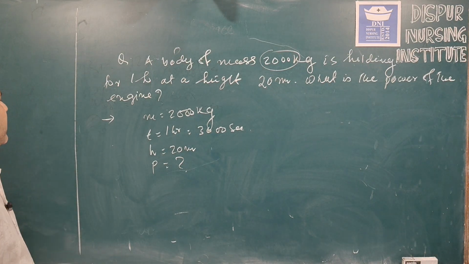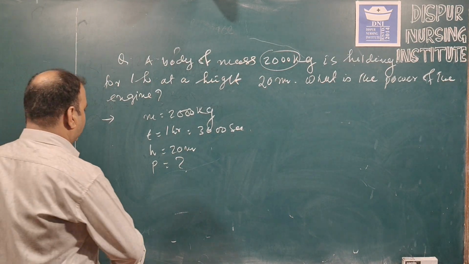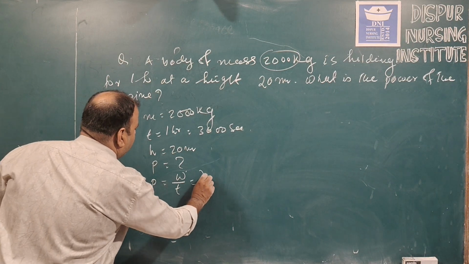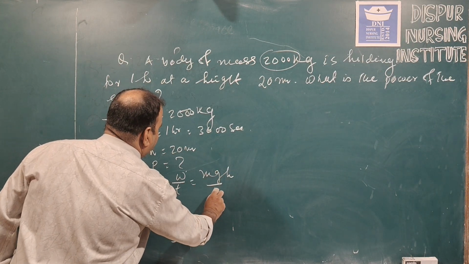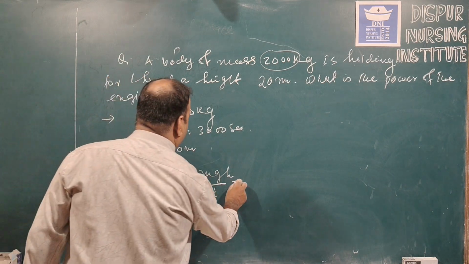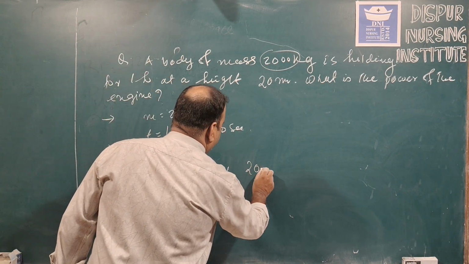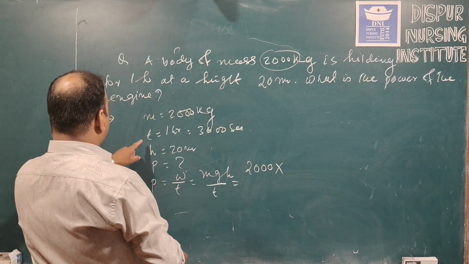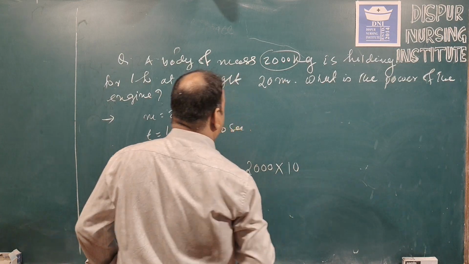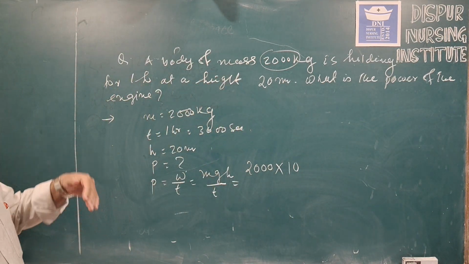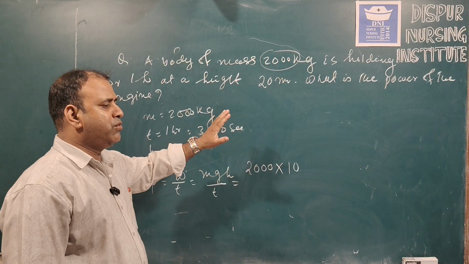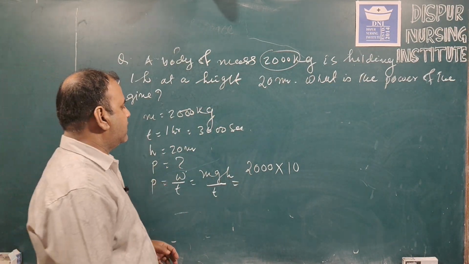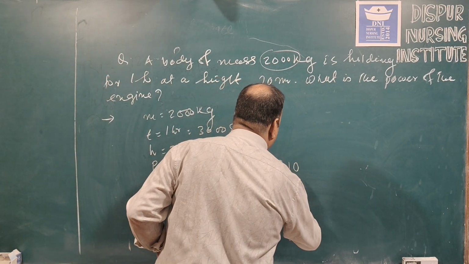So one thing you remember, in this case mass and height are given, so obviously we have to use the formula W by T, where W means mgh divided by T. The mass of the body is given as 2000, and the value of g is 10. One thing to remember: if the value of g is mentioned in the question, then you have to write that value, and if it is not mentioned, then you can directly write 10.